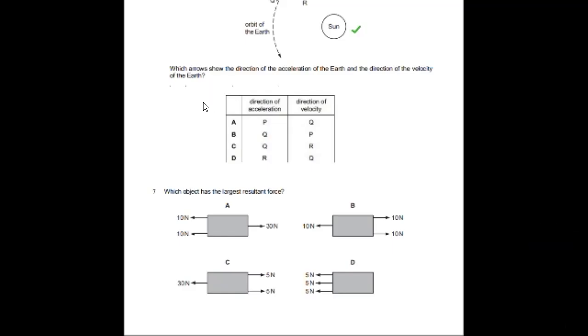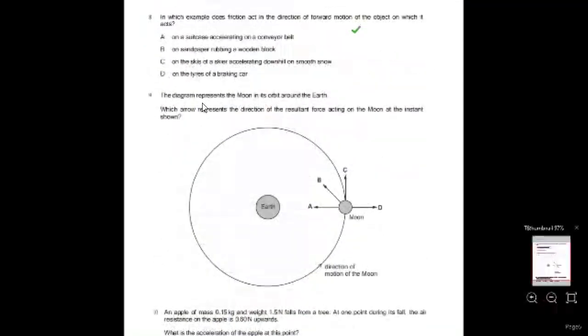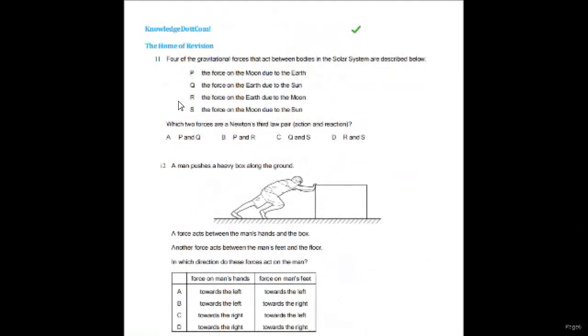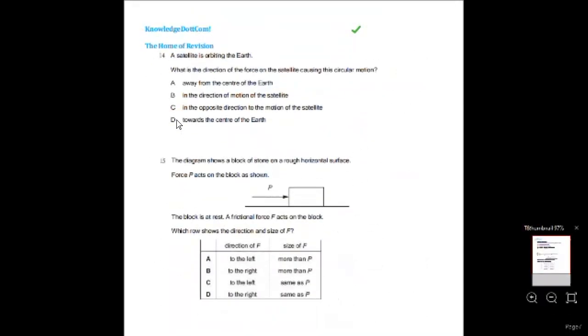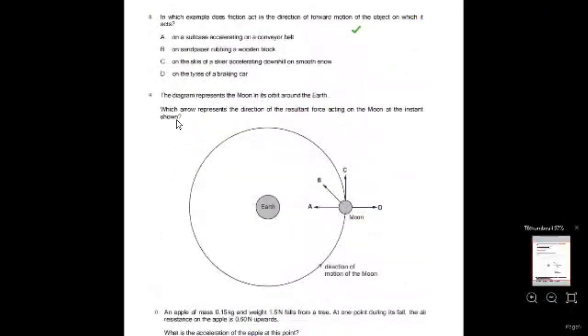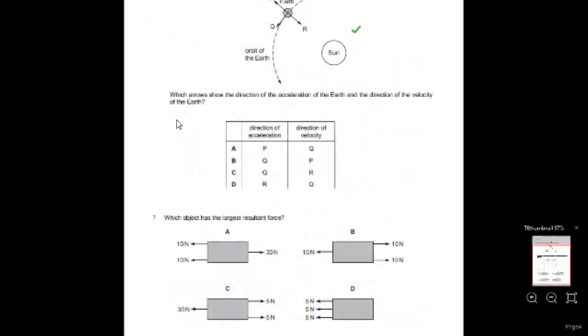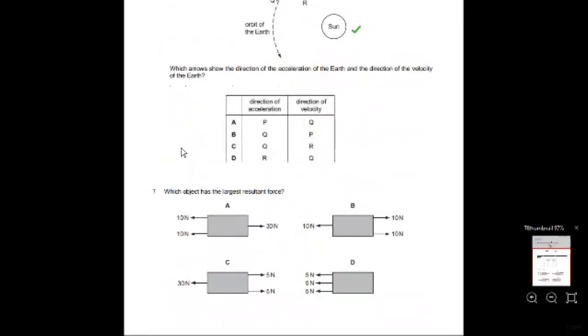In question number 7, it states which object has the largest resultant force. Now you can see it's a parallel and anti-parallel case.